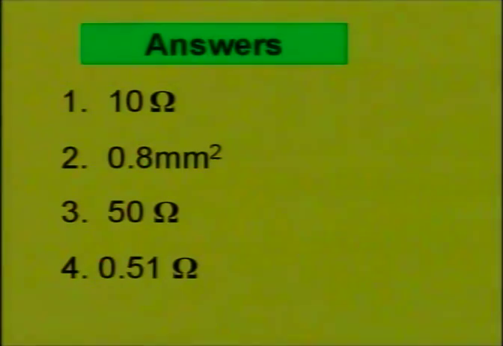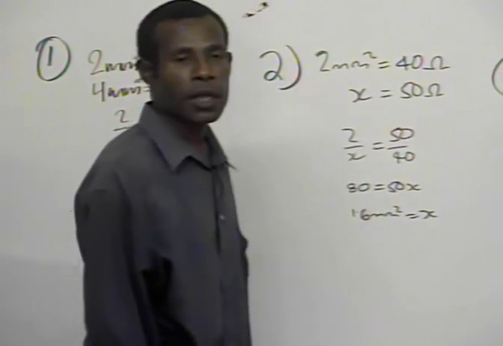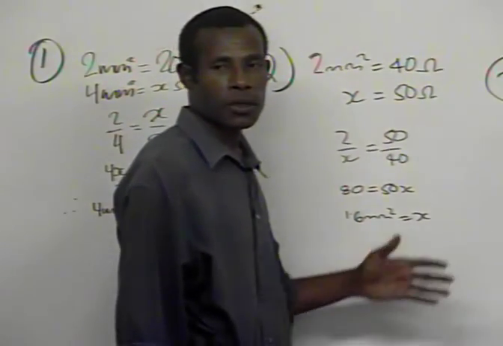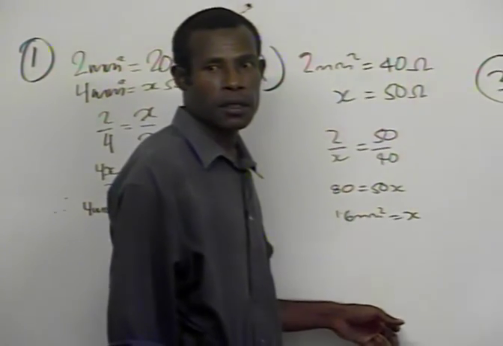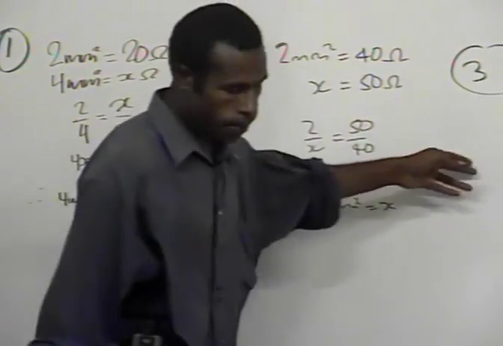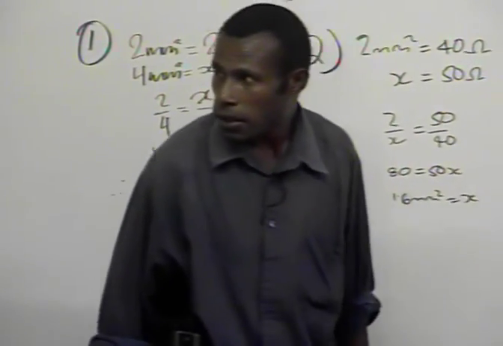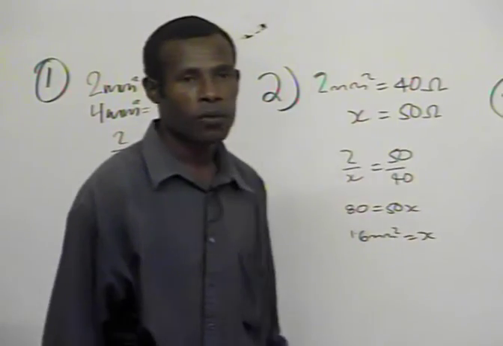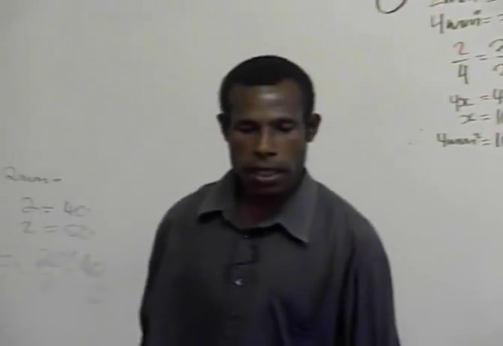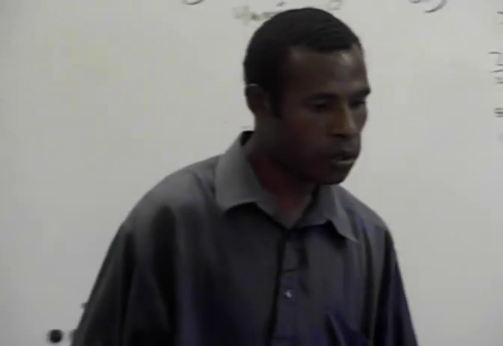But if you decide to use length, you will come up with 0.8 square millimeters, because resistance is proportional to length over the area. Looking at the third question, you have 50 ohms, and the last one will be 0.51 ohms. Those are the answers. You can go through and verify or check with your working out.